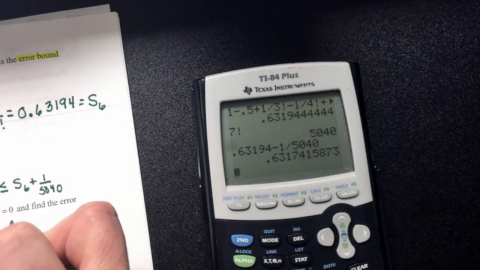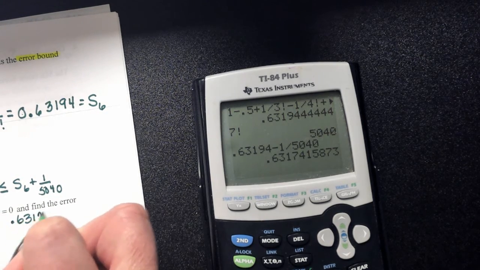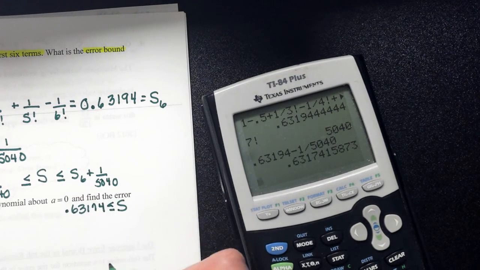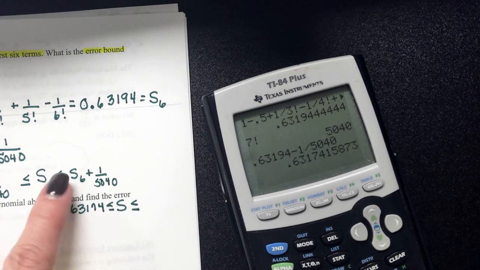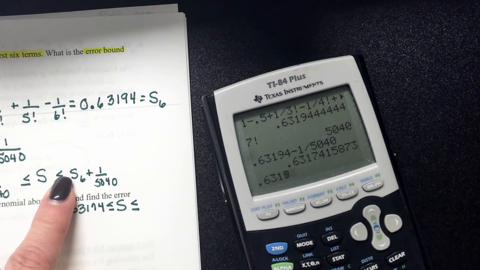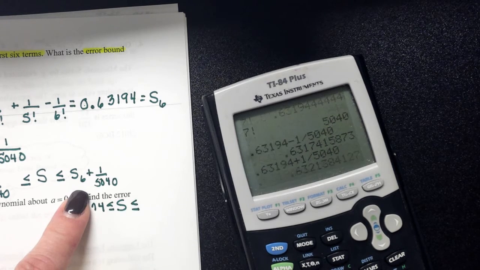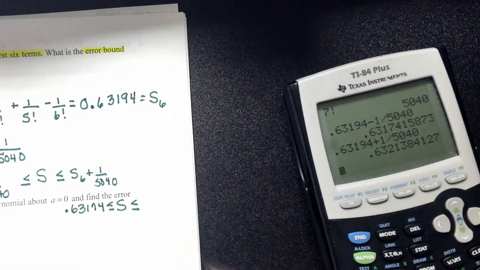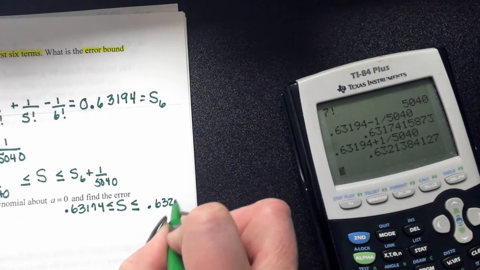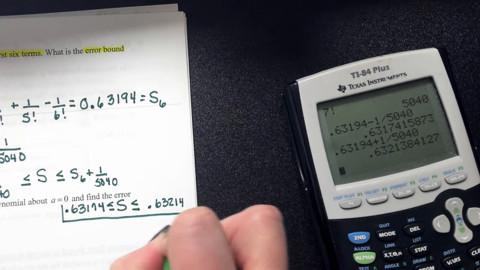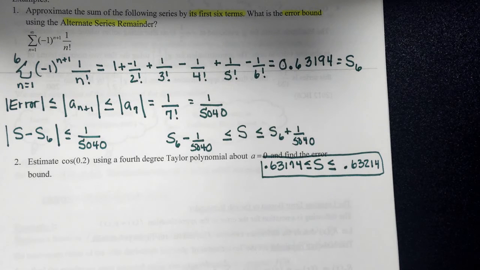That gives me a value of about 0.63174, less than or equal to the actual sum, which is less than or equal to, if I take my 0.63194 and add the 1 divided by 5,040, 0.63213, or 0.632124 if I round. So that's how close your partial sum is to the actual sum of that particular series.